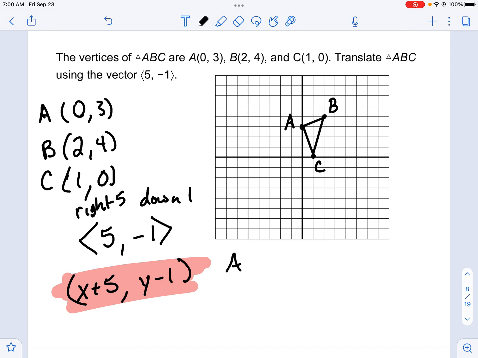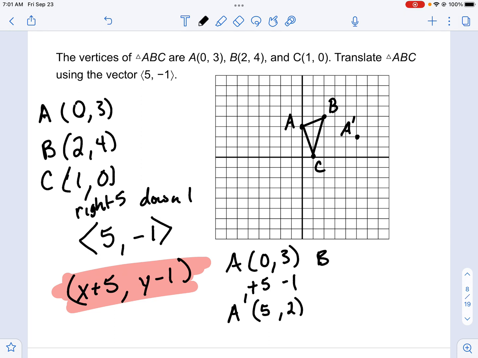So we have A, which is 0, 3. We're going to move it right 5 and down 1. So that's going to be at 5, 2. How many times have we moved A? Once. So we call this A prime. So let's see. 1, 2, 3, 4, 5. 1, 2. There is A prime.